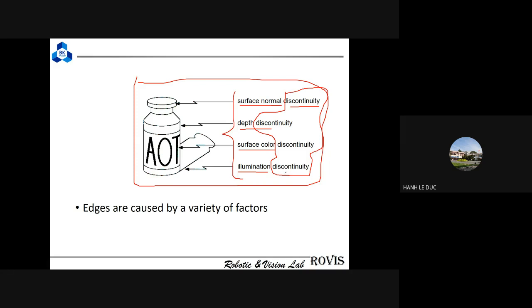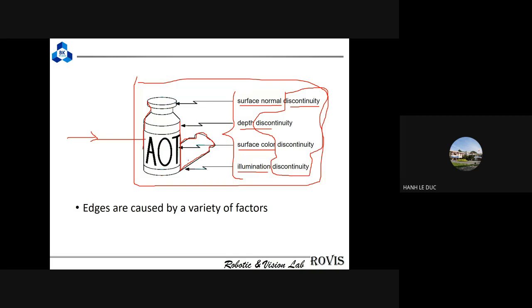So when we meet a discontinuity of surface depth, surface color, or illumination, we will have an edge. For example, we have light projected on the bottle like this, and we have the shadow, and this one is the illumination discontinuity.